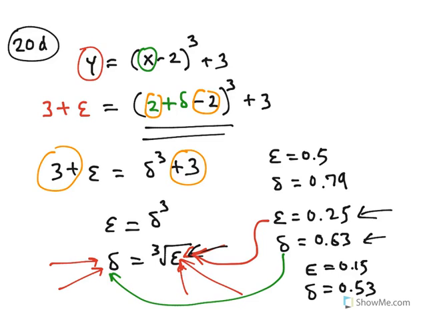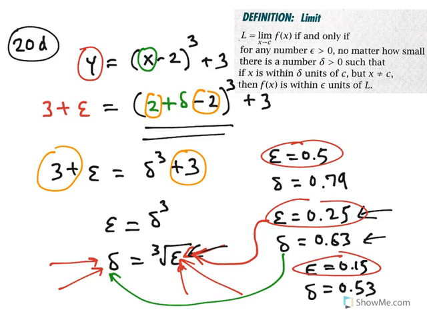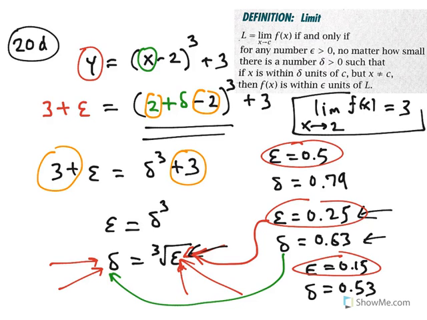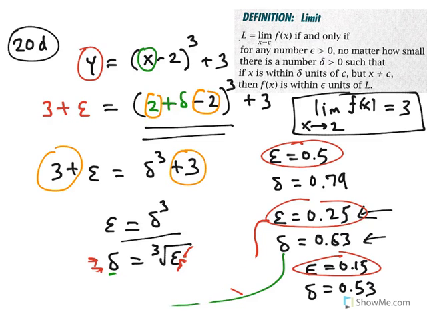But now, you're not restricted to just these three values of epsilon. You can make epsilon whatever you want it to be. You can make it as small as you'd like. So we have shown by the definition of limit that the limit of f of x as x approaches 2 is equal to 3 is in fact the case, by using this mathematically precise definition.